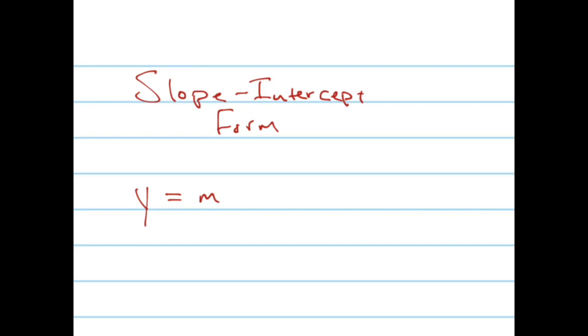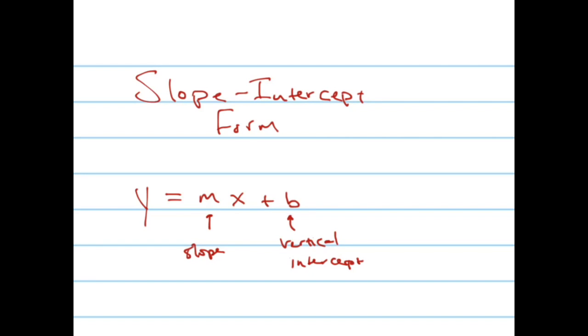The slope is m. It gets multiplied by the input variable, and then you add to that b, which is the vertical or y-intercept. So all you need to know in order to write the equation is the slope and the vertical intercept.